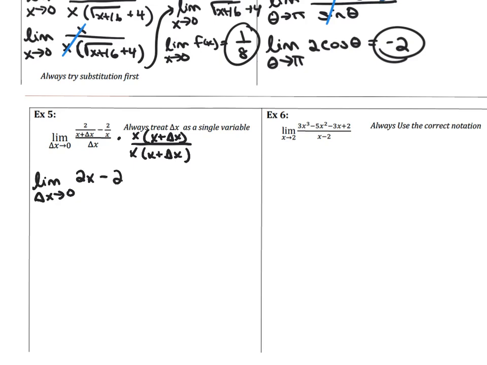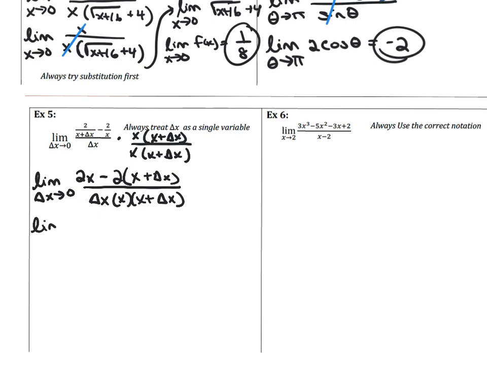This time the x is crossed out, and we have the quantity x plus delta x. So we've cleared out those fractions. And then in the denominator, we have delta x, x, and x plus delta x. And again, don't try and FOIL your denominator together. You want to leave it in factored form.